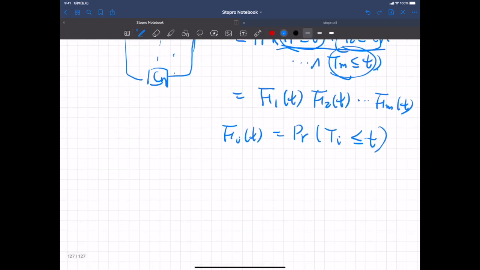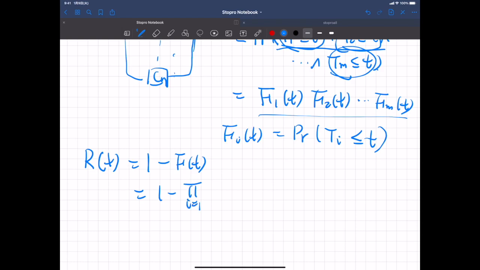Okay, so by the definition of the reliability function, R of t is equal to 1 minus F of t. Okay, and we have 1 minus the product of these, i from 1 to m, Fi.